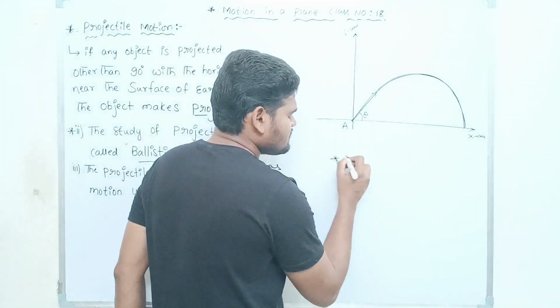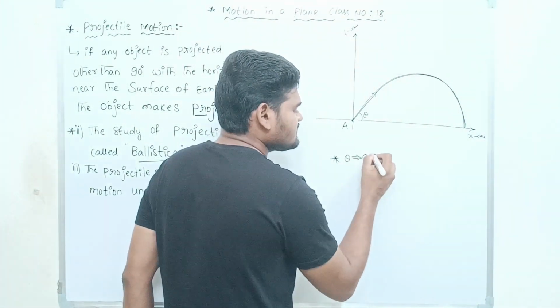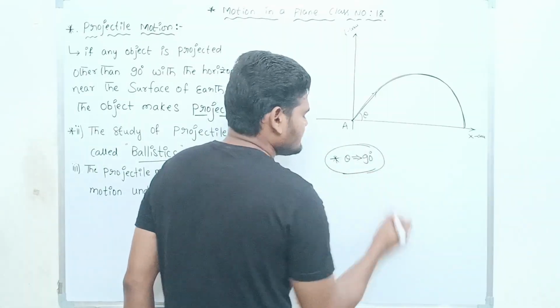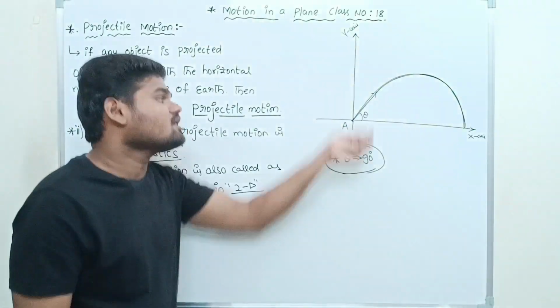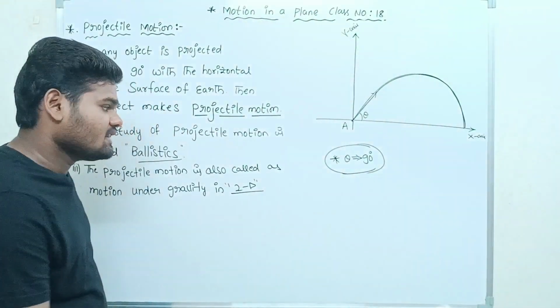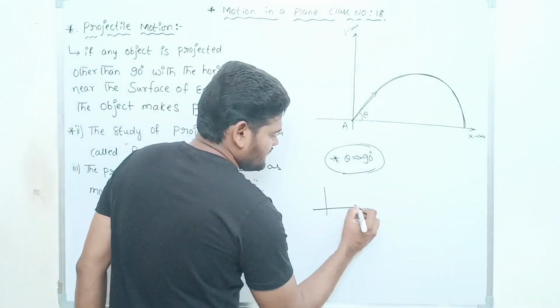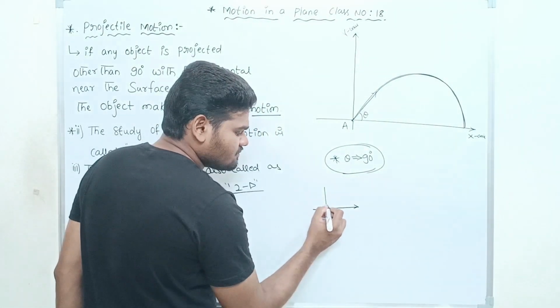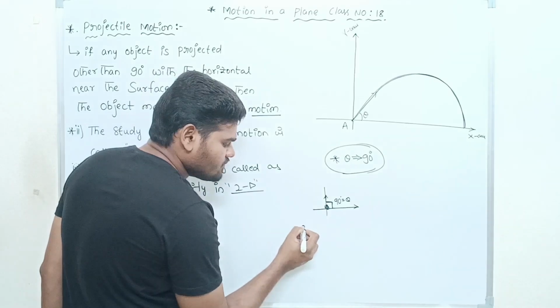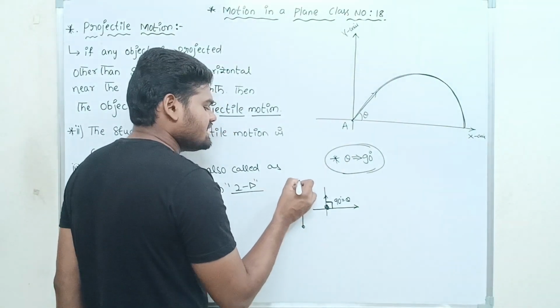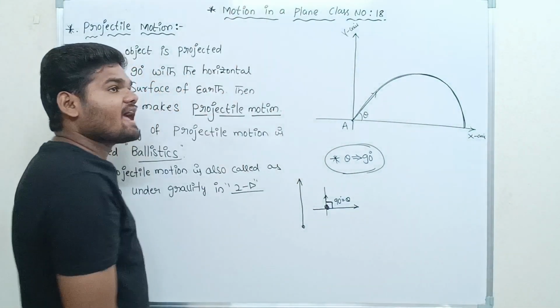Sir, what happens if we project at an angle theta equal to 90 degrees with the horizontal? If you project at 90 degrees, that means perpendicular to the horizontal, the object moves vertically upward along the y-axis.